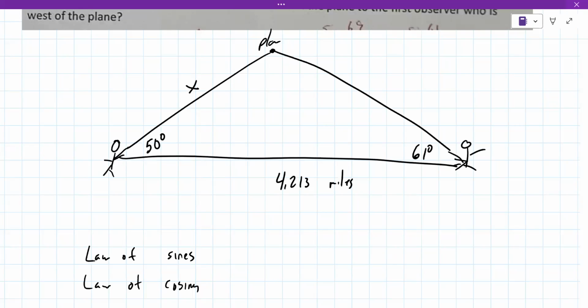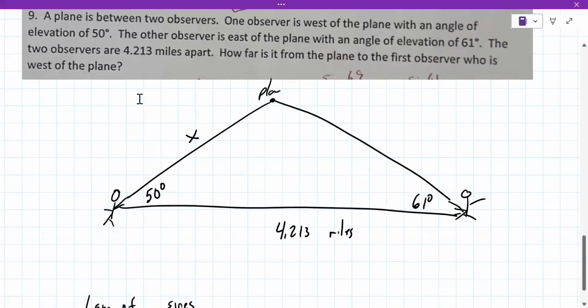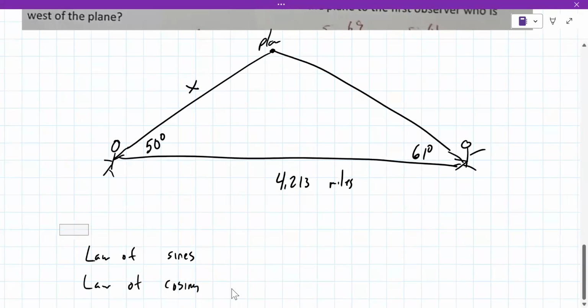Do you remember either of those, or if either of those apply here to this problem? So would you use sine? I think law of sines.